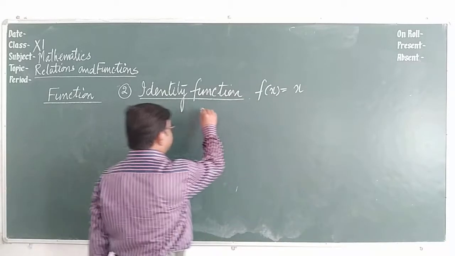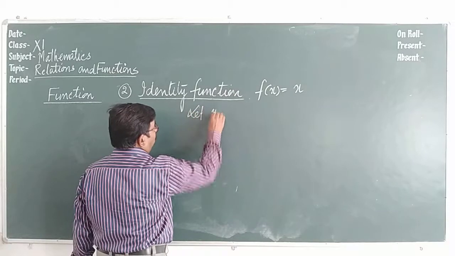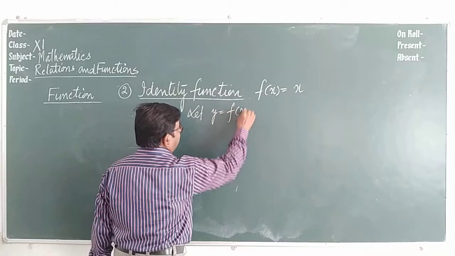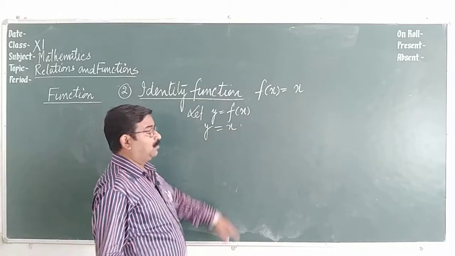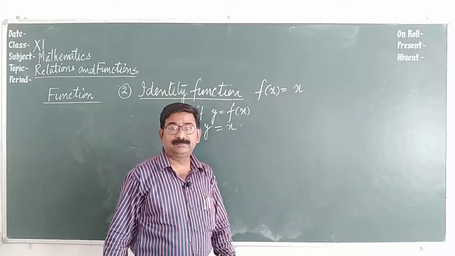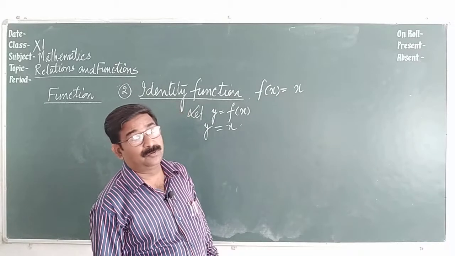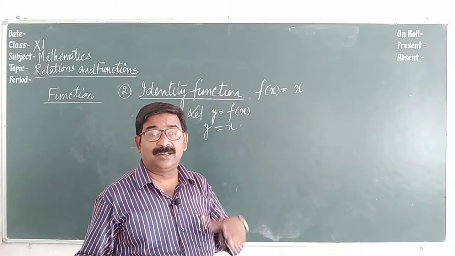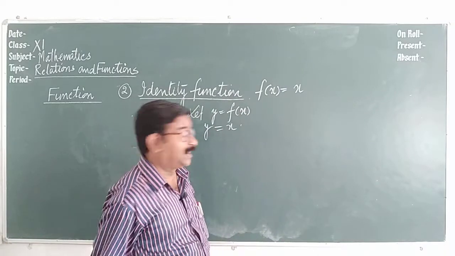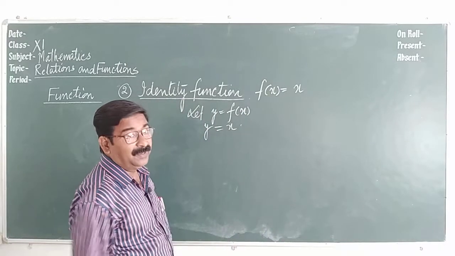As I told, let y = f(x), then we have y = x. Now we are going to plot the graph and see what the domain and range of the graph are. How to identify?